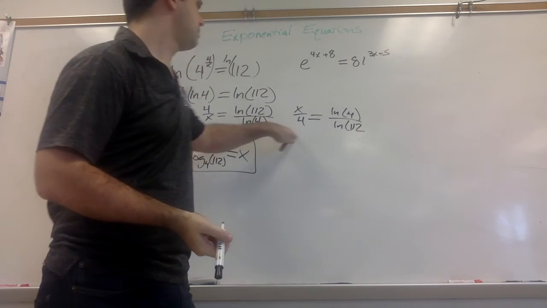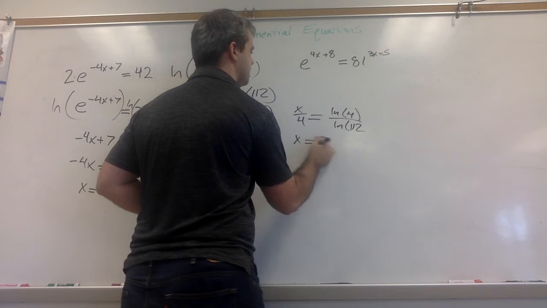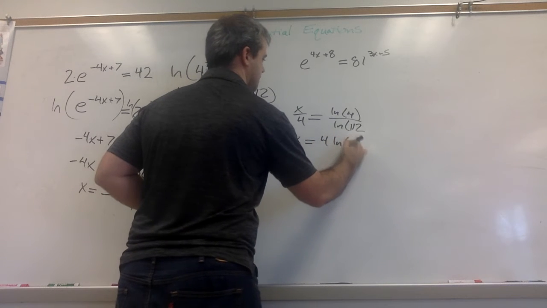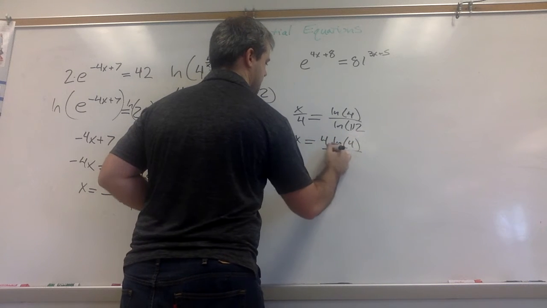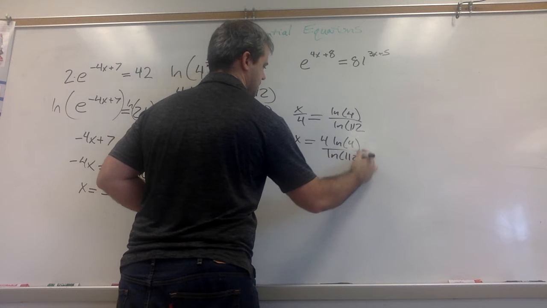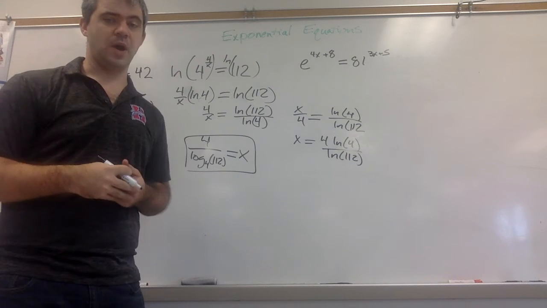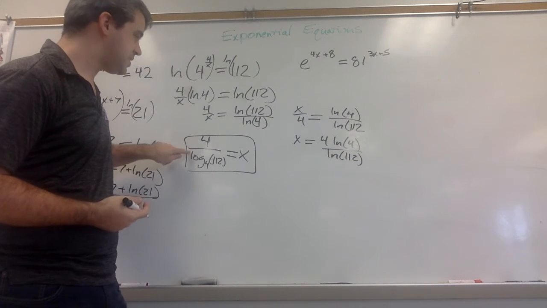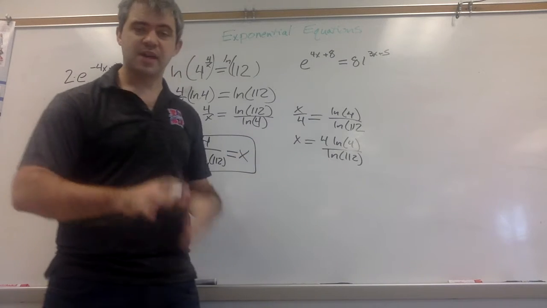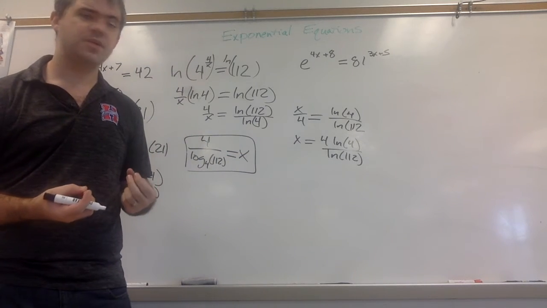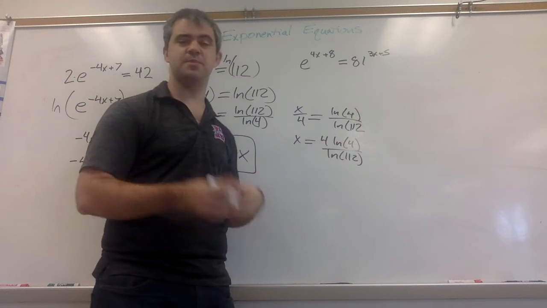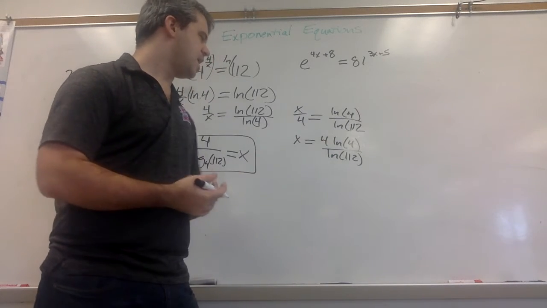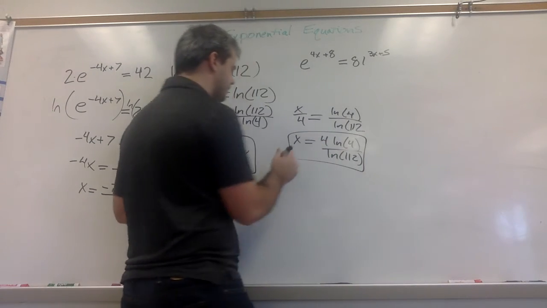Almost done. Multiply by 4. There we go. Now, this is simpler than this, but if you need your calculator to either calculate base e or base 10, then this is going to be better.